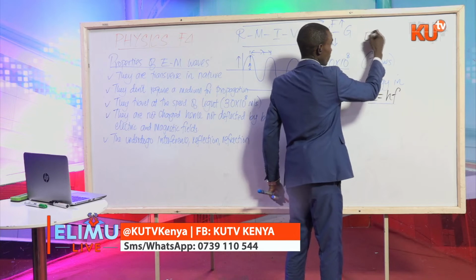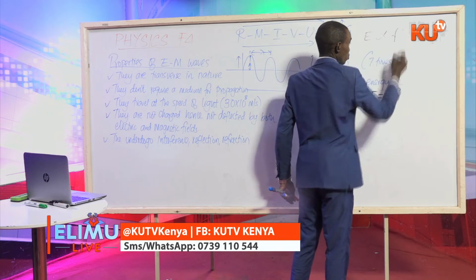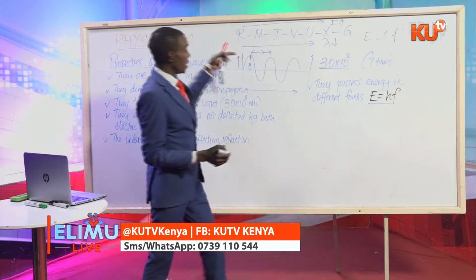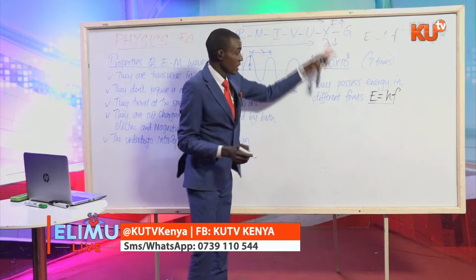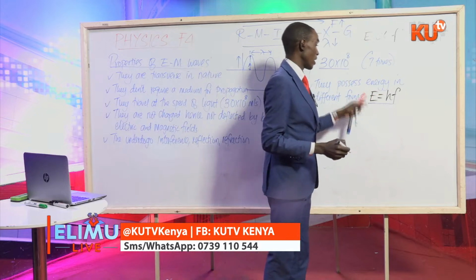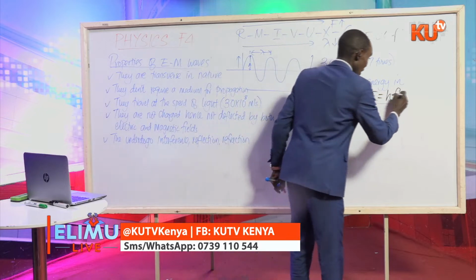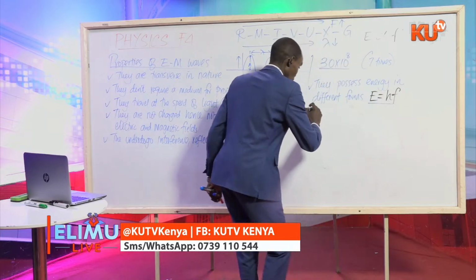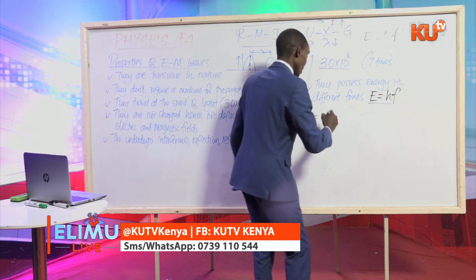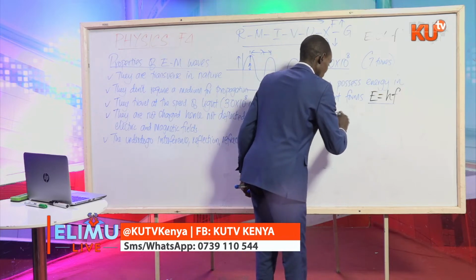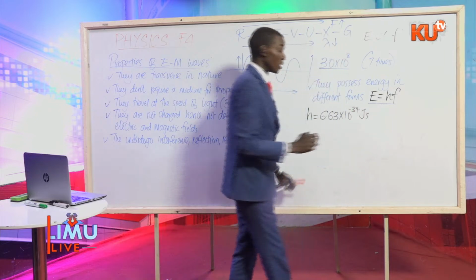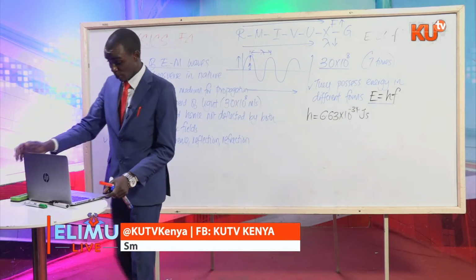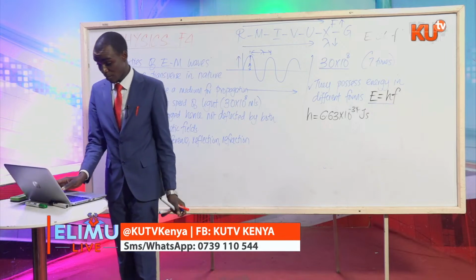So the higher the frequency, the more energy the radiation of the wave is going to possess. h is known as Planck's constant, and it's normally 6.63 times 10 to the power minus 34 joule second. So we shall probably do one example much later.